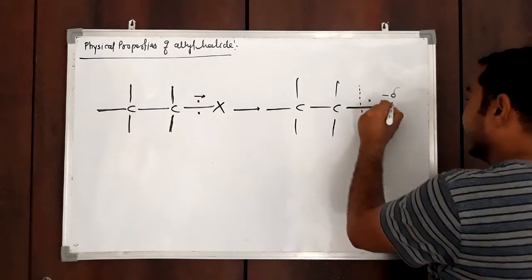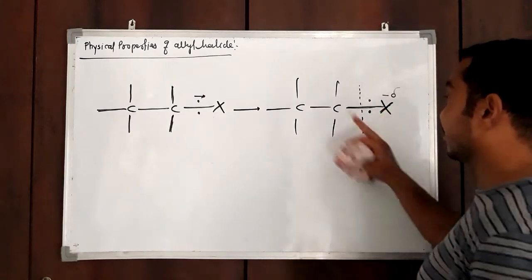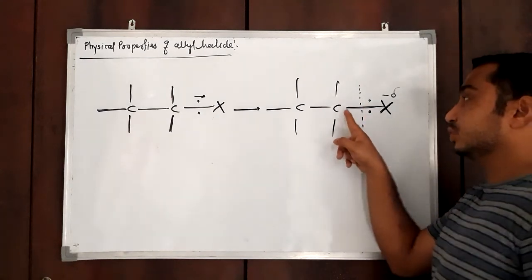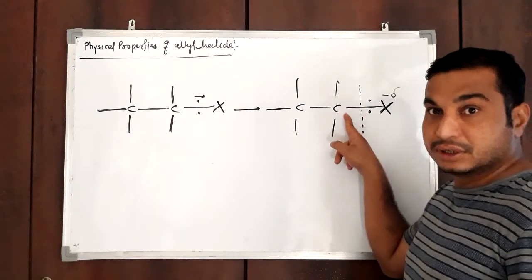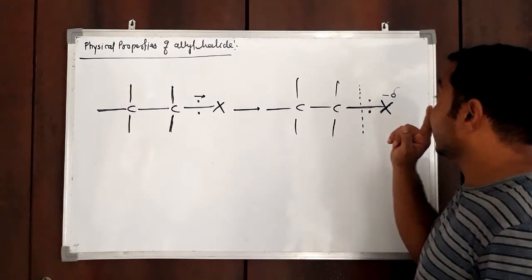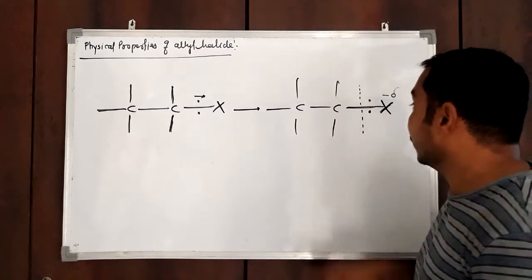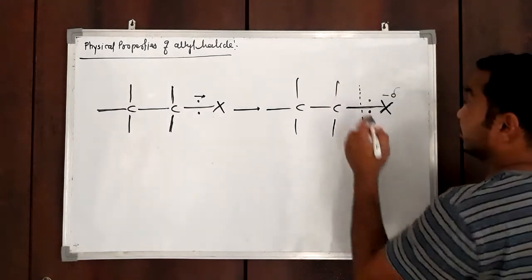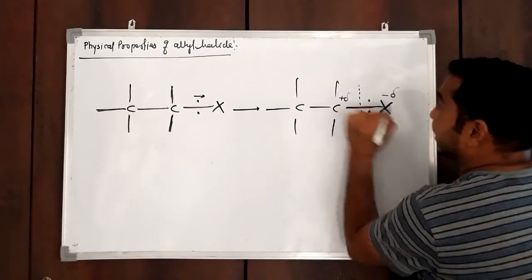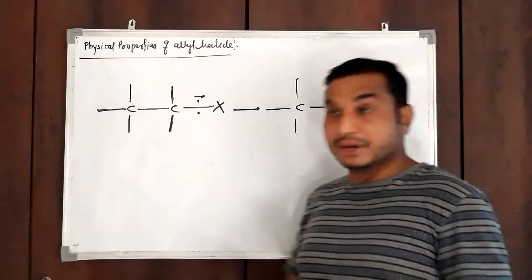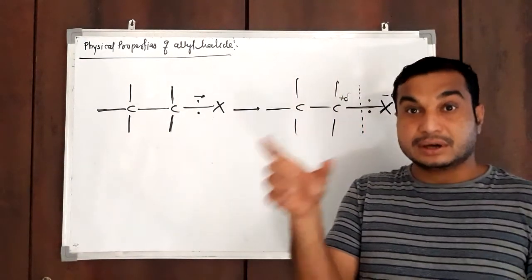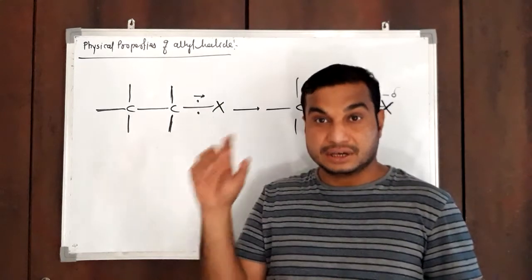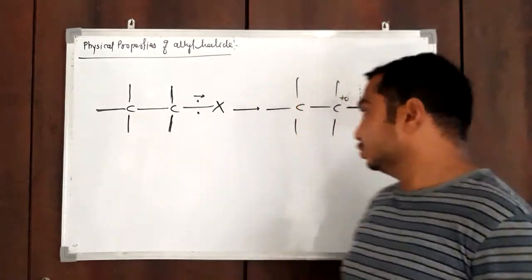At the same time, electron density of carbon decreases, because among these two electrons, one electron was given by carbon during bond formation, and that is also displaced toward halogen. Therefore electron density of this carbon gets reduced, and a partial positive charge will develop. So in the carbon halogen bond, halogen carries a partial negative charge and carbon carries an equal partial positive charge.